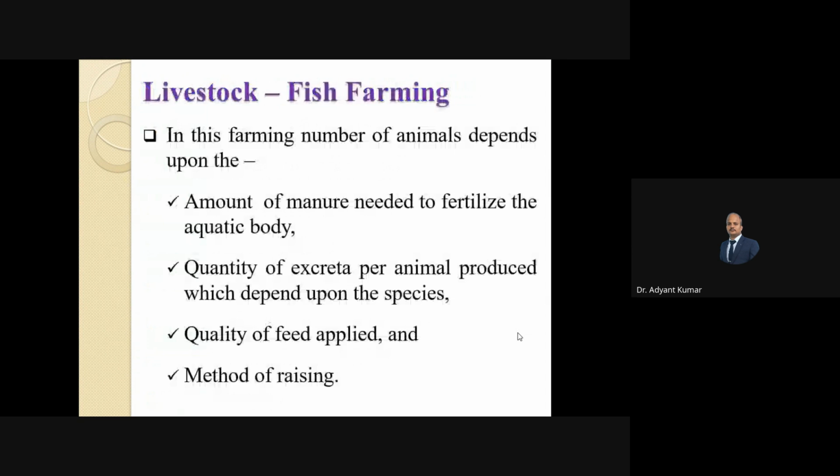One model is livestock fish farming. In this farming model, the number of animals depends upon the amount of manure needed to fertilize the aquatic body. The quantity of excreta produced per animal depends upon the species, quality of the feed supplied, and method of raising.